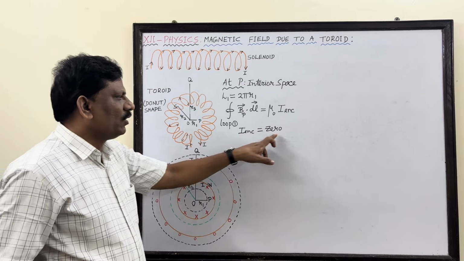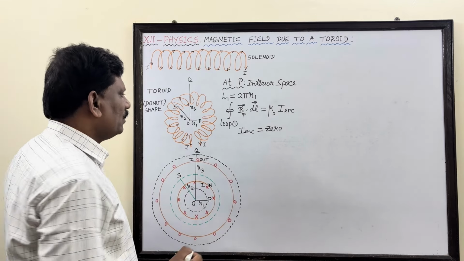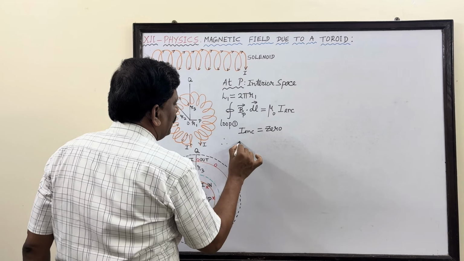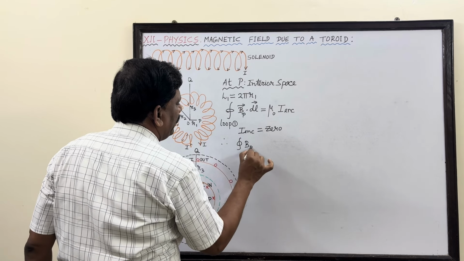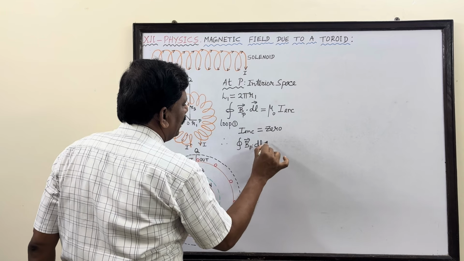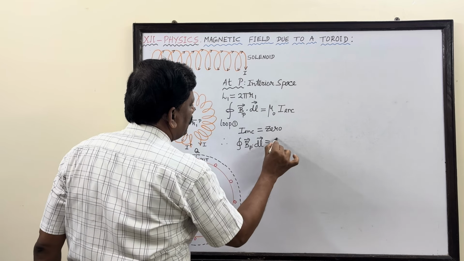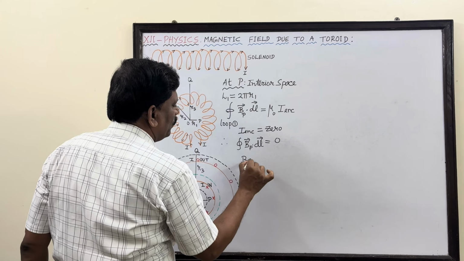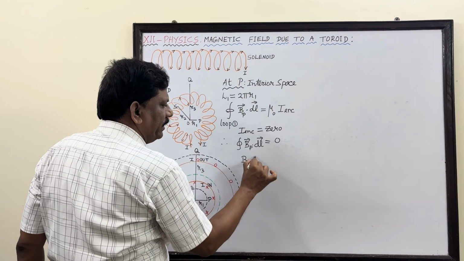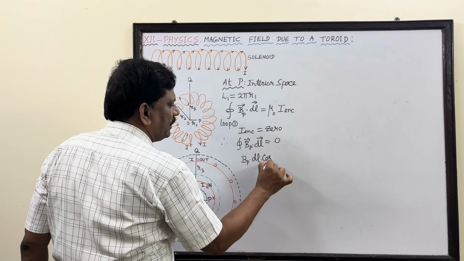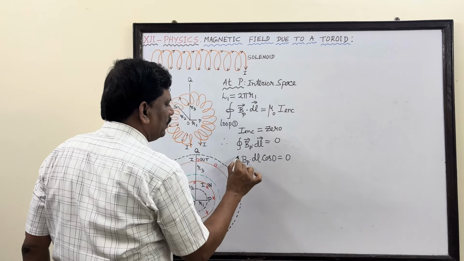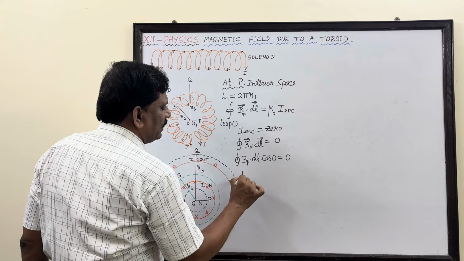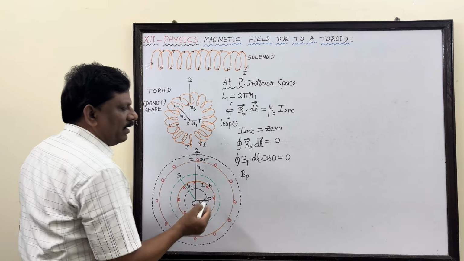I enclosed is equal to 0, and therefore the integral of Bp dot dl is equal to 0, and Bp into dl into cos 0 is equal to 0. This is a line integral. Now this is Bp.